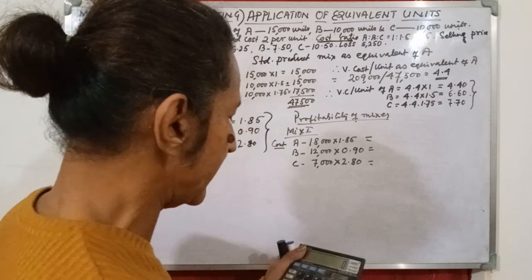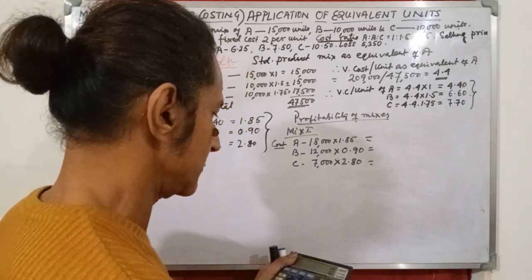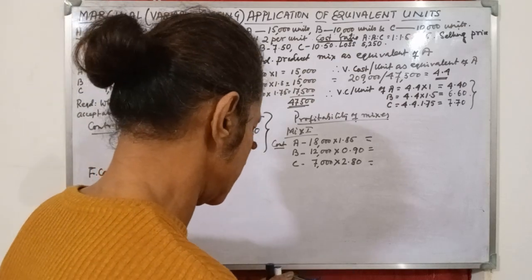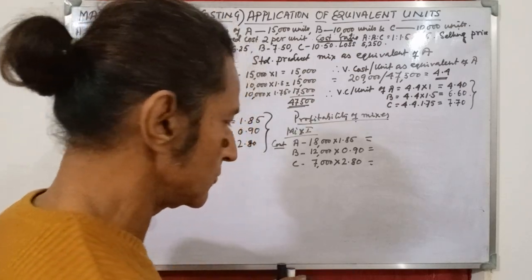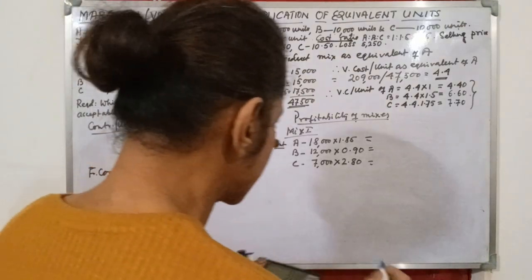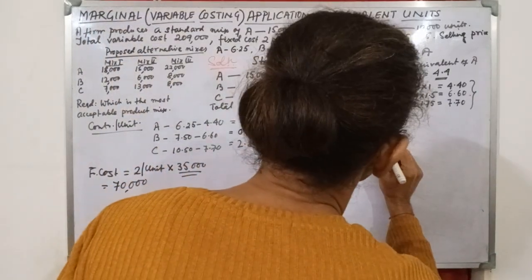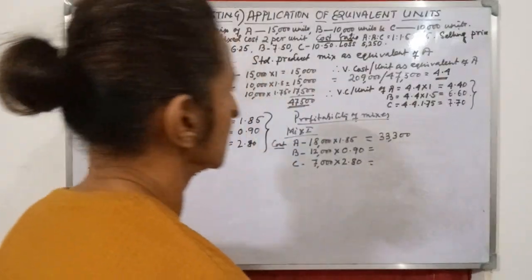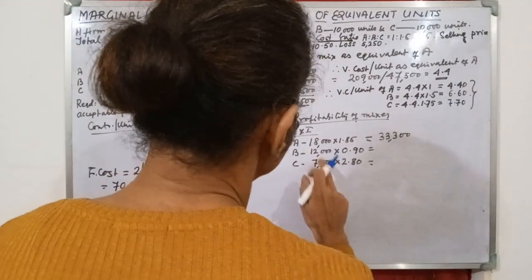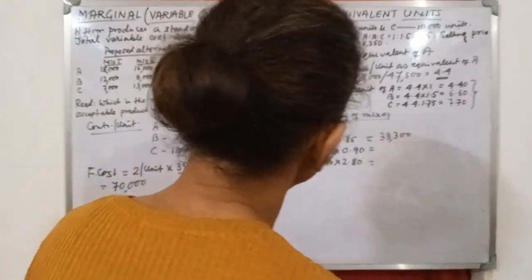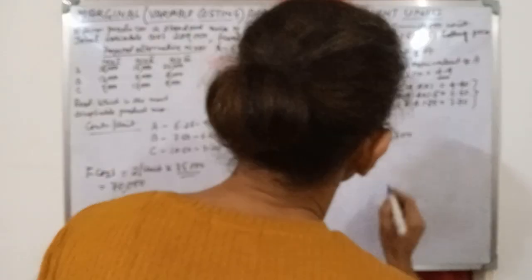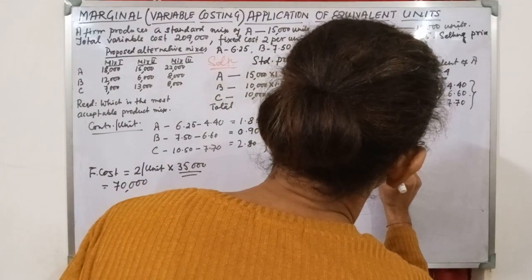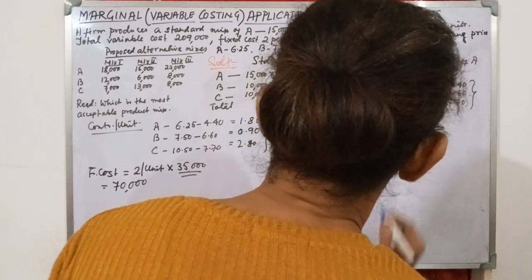18,000 into 1.85 is equal to 33,300. This is 12,000 into 0.90, that is 10,800.